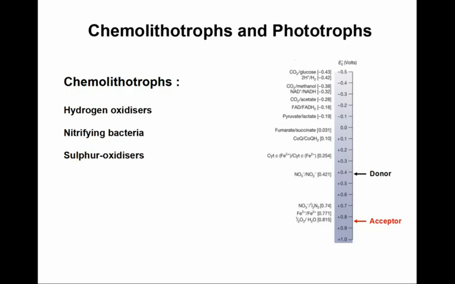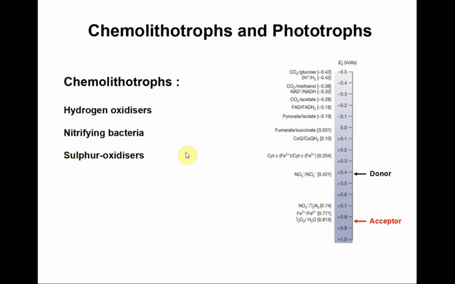They have to fix carbon dioxide, and so they can't use organic carbon as a source of energy or electrons. They have to use something else. So chemolithotrophs, they're using inorganic chemistry as a source of electrons and a source of energy. And there are 3 different types, basically: hydrogen oxidizers, nitrifying bacteria, and sulfur oxidizers.